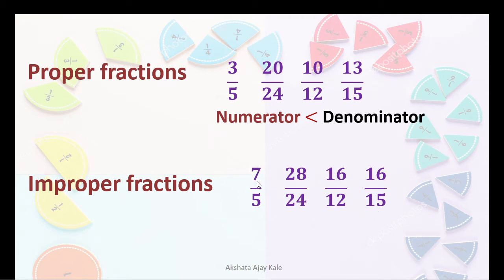See, here 7 is larger than 5, 28 is larger than 24, right? 16 is larger than 12, and here also 16 is larger than 15. Here we can write, numerators are bigger than denominators, then it is called improper fractions. Very easy. Proper means the numerator is small and improper means the numerator is larger than the denominator.